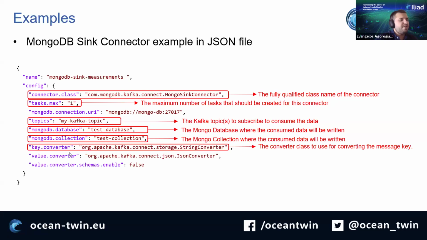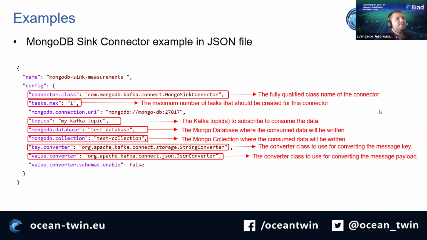And of course, we have the key and value converters, which define the converter class for converting the message. And this value converter schema enable defines if we should include a specific schema in our database and the data format.